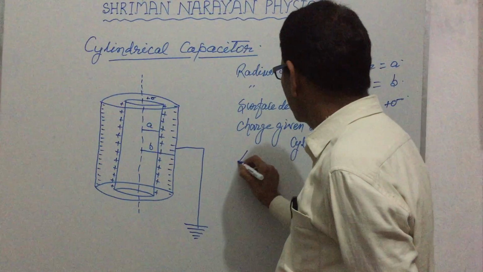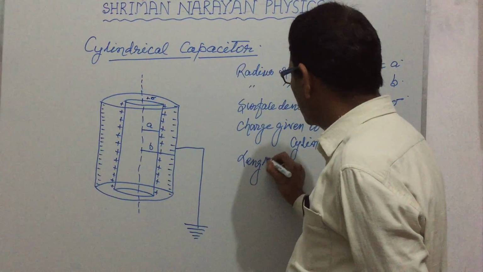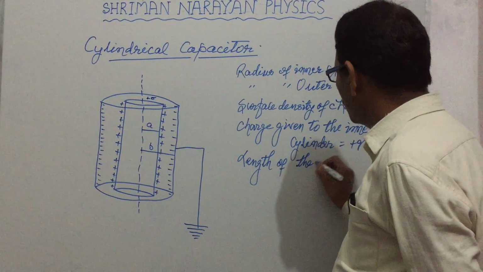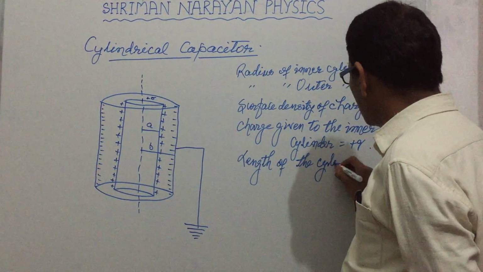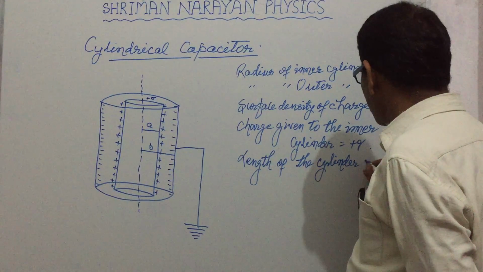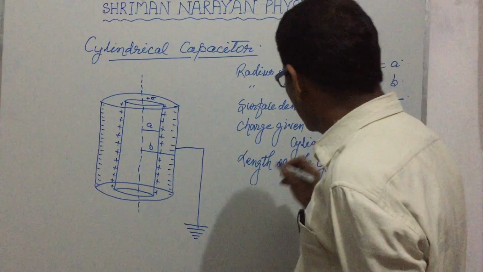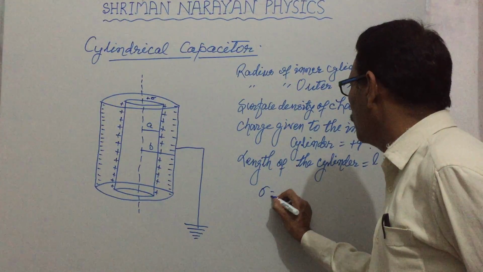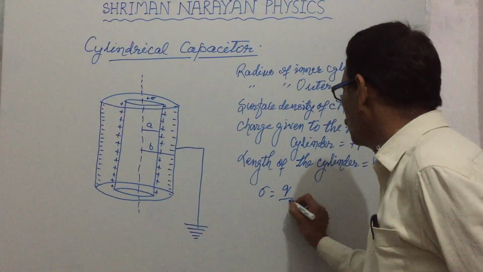Length of both cylinders is a small l. So the value of surface density of charge sigma must be equal to Q by L.